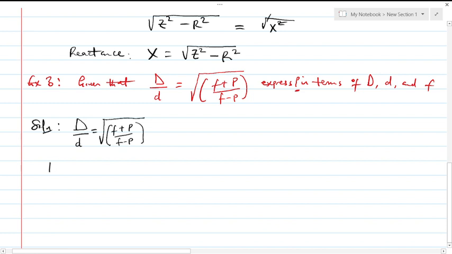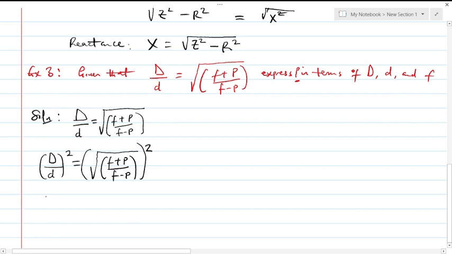So we have capital D square over small d square equals f plus p over f minus p. Then we can now go ahead and cross multiply.